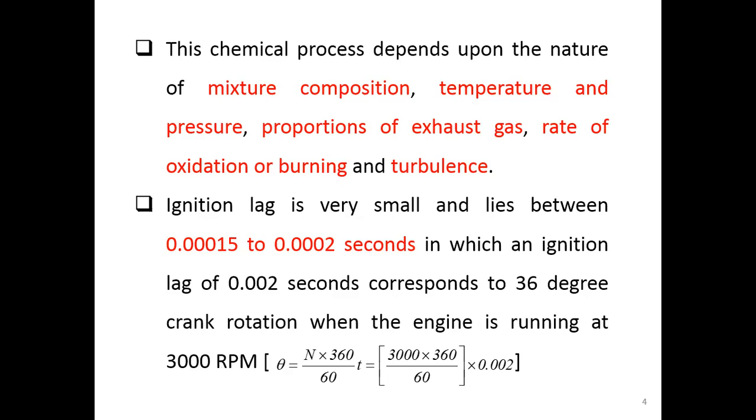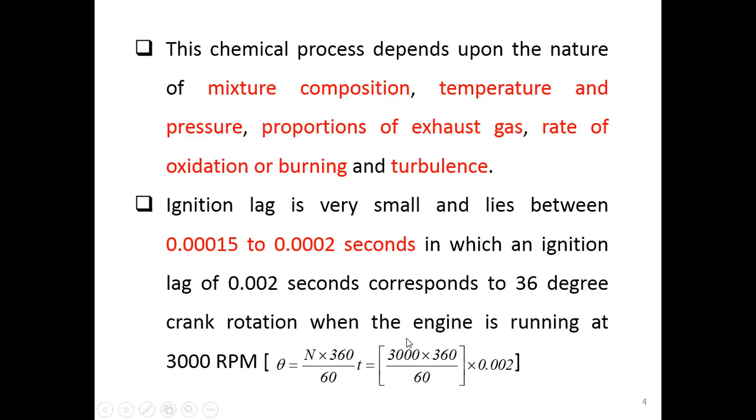How can we come up with this? This is theta, the crank rotation, and this is the engine speed, the revolutions per minute. Each revolution has 360 degrees of crank angle, and since this is RPM, per minute, we divide by 60 and then multiply by the time that the crank has to travel for this theta.